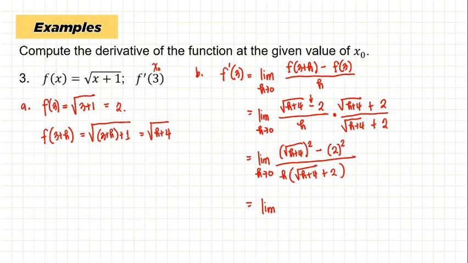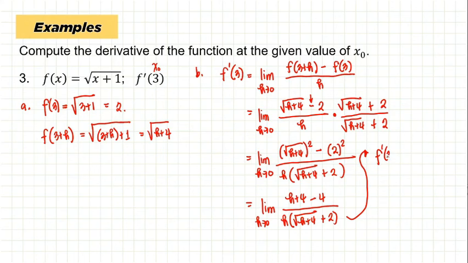So from that, let's simplify. We will have the limit of square root of h plus 4 squared is h plus 4, minus 2 squared is 4, all over h times, you copy, square root of h plus 4 plus 2 as h approaches 0. And from that, we will have f prime of 3 equal to the limit of h plus 4 minus 4, which is just h, all over, you copy the denominator, square root of h plus 4 plus 2 as h approaches 0.